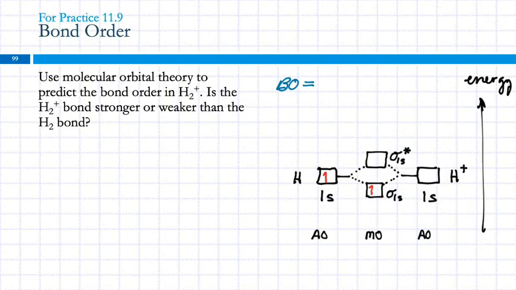How many electrons, and here we're looking at this part right here, in bonding orbitals? 1. How many in the anti-bonding orbital? 0. I'm always going to fill the lowest energy orbital first. And the bonding orbital will always be lower in energy than the anti-bonding, so it will fill first. So when I do this, I get a bond order of 1/2.